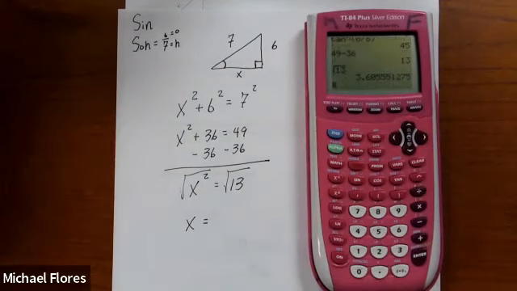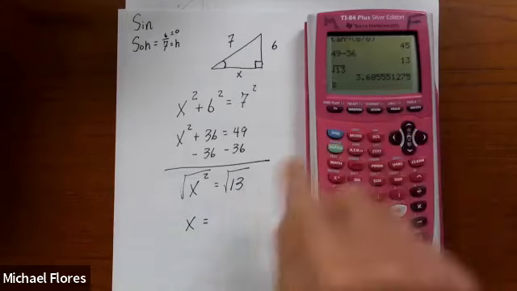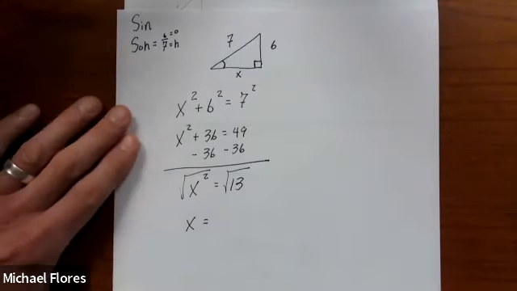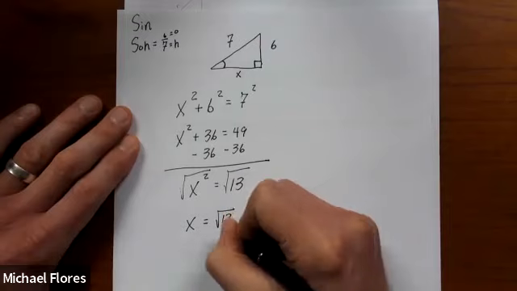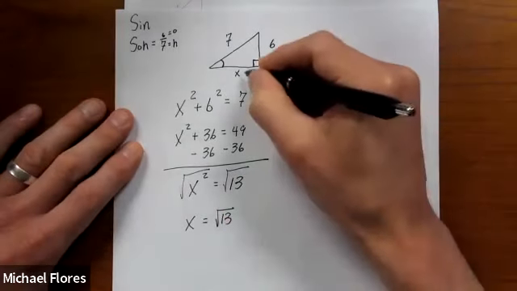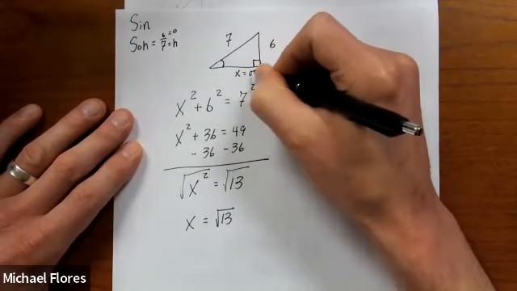Now you have some options here. You could use this decimal here, round it, or you could just use the square root of 13. I'm just going to use square root of 13. That's just easier for me to write. So we now know that this side is the square root of 13.